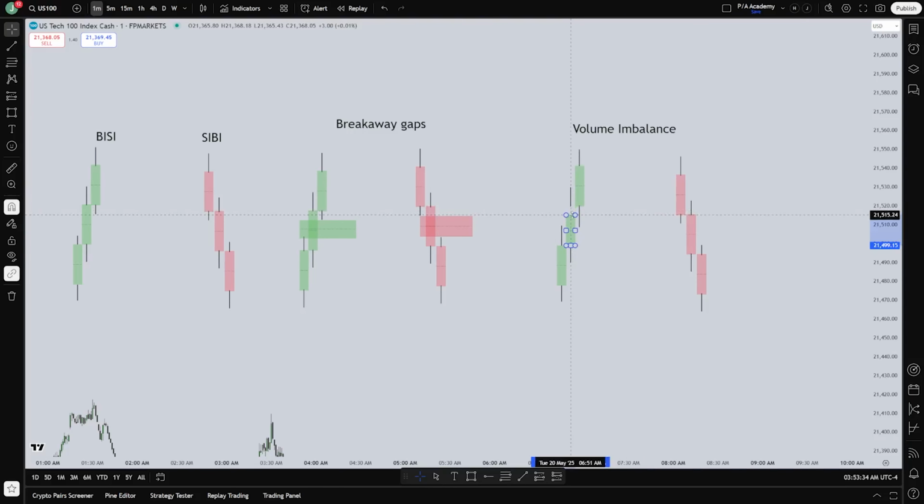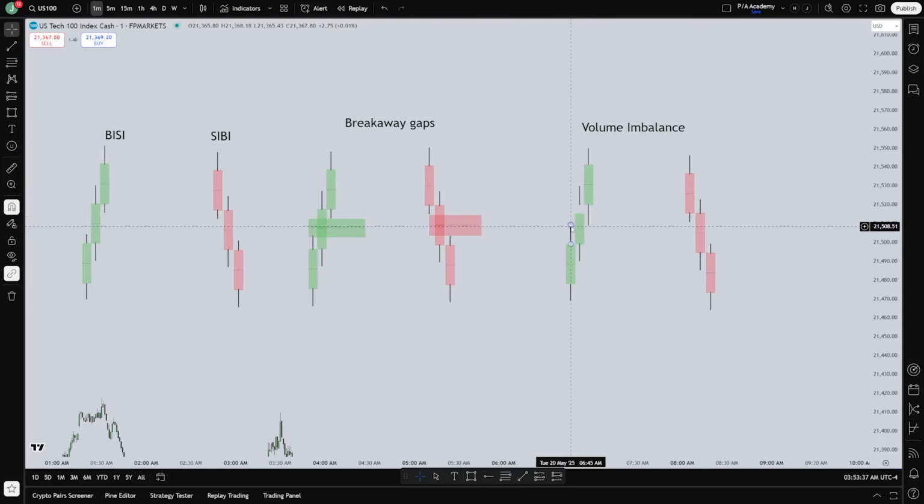So usually you would use this if there is no fair value gap, and you have a good setup playing out right now, and the narrative is on point. You would see a gap between the bodies. That's how simple it is, guys.